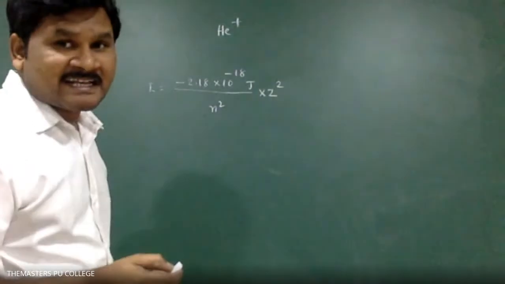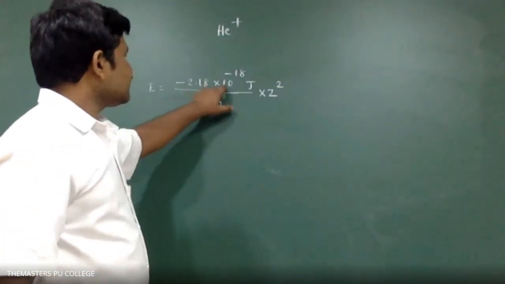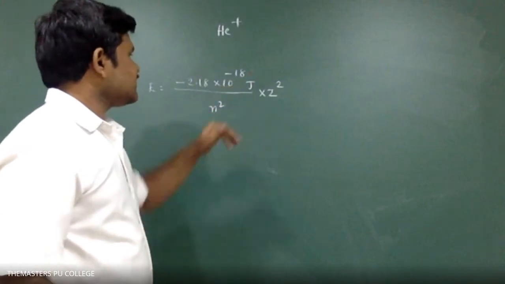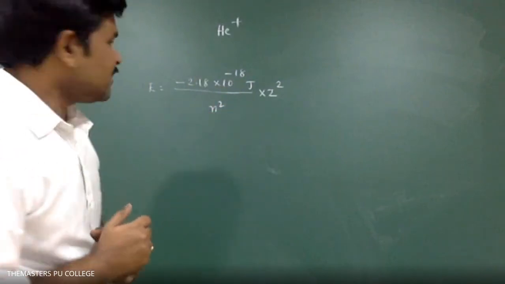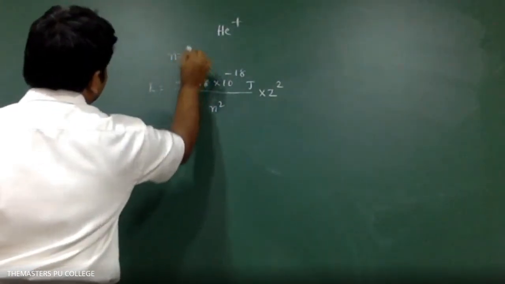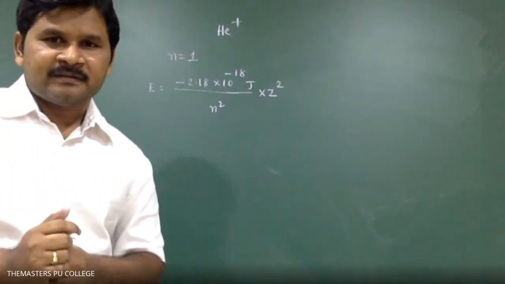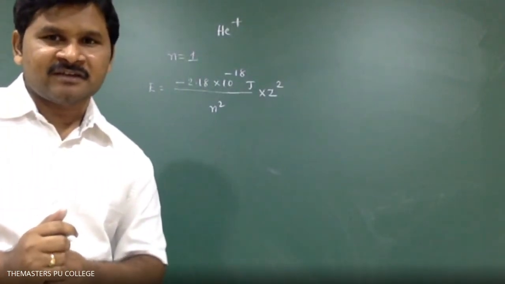For hydrogen-like species, this is the formula. Here, what is the n value according to the question? n is equal to 1. Say yes or no, n is equal to 1 only.